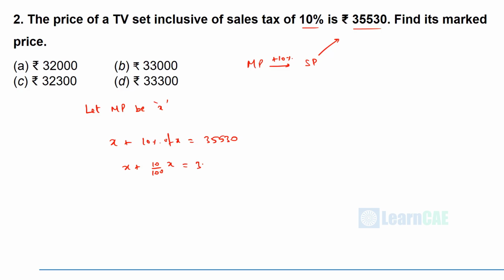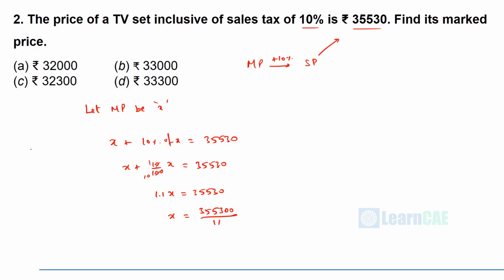That is X plus 10 by 100 X is equal to 35,530. Again, 10 by 100 will be 1 by 10 or 0.1. Therefore, 1.1 X is equal to 35,530 and X will be equal to 3553, I will add another 0, divided by 11. I will remove the decimals.